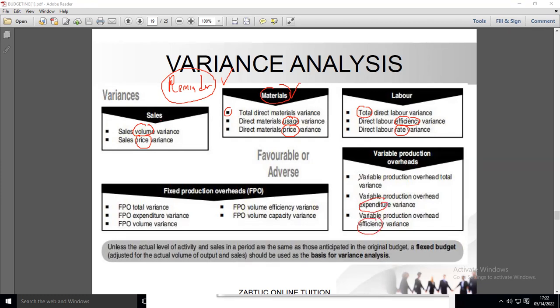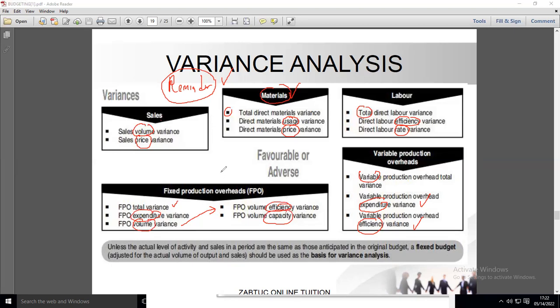Some of us may have forgotten that the total variable overhead variance is split into what? Expenditure and efficiency. The fixed overhead variance, the total variance, first we split the total into what? And what else? And the volume variance is further split into what? And what else? There we are.